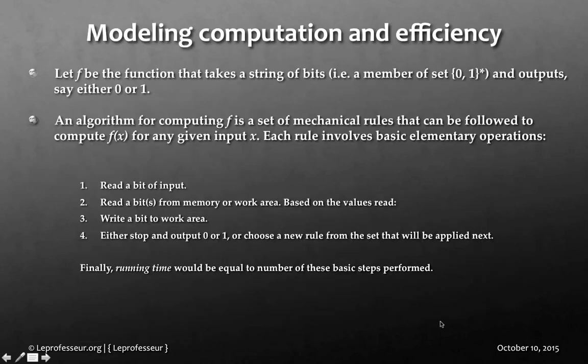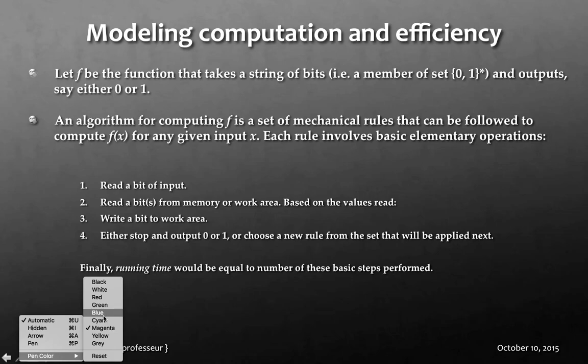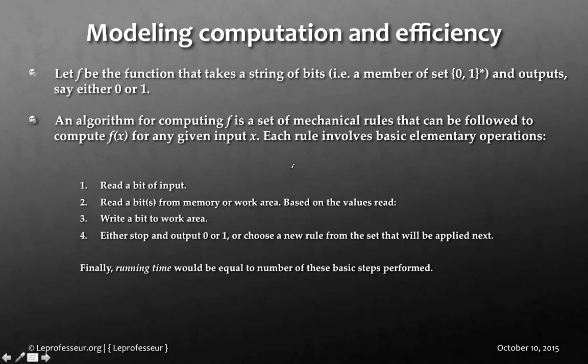Now, if f is a function which takes a string of bits, and the bits are members of the set 0 and 1, you can have a longer string of bits, but everything is represented by a 0 and 1 string, and the output is either 0 or 1.